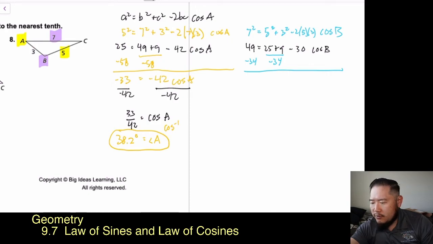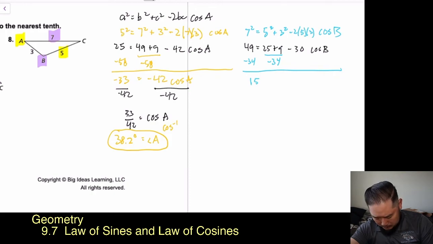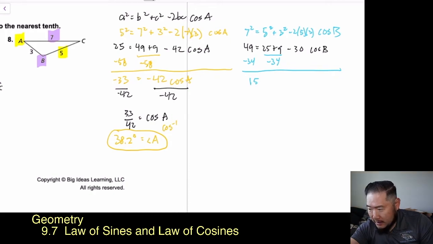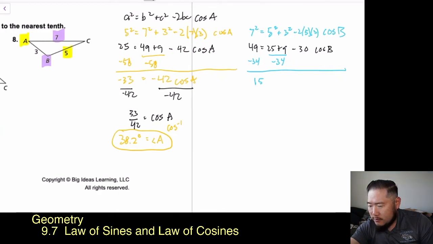49 minus 34, that right there gets us 15. And then that's equal to negative 30 cosine B. So after this, divide both sides by negative 30.